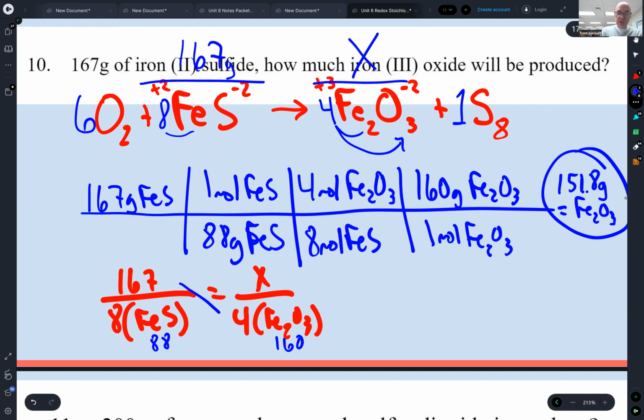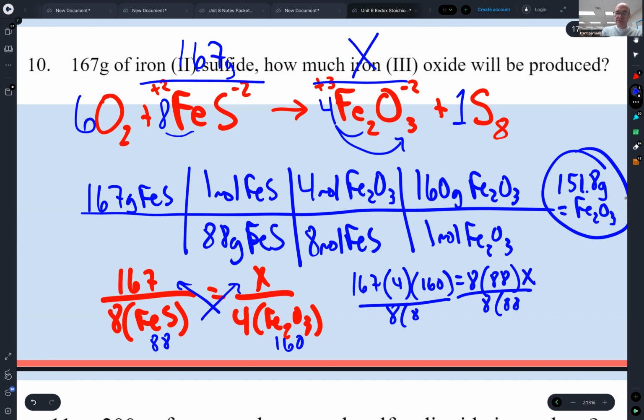Now I just cross multiply. So I have 167 times 4 times 160 equals 8 times 88 times X. Divide both sides by 8 times 88. And magically, you end up with X is 151.8. So you could do this both ways and you can solve this.